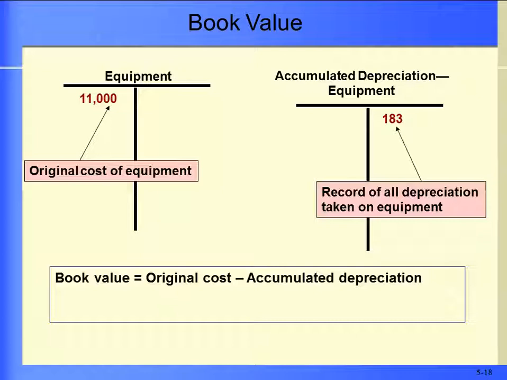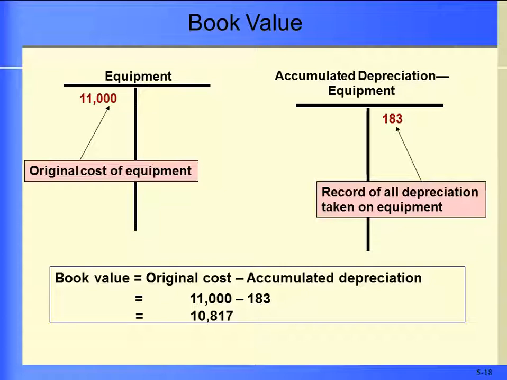In our next period, say the next month, we're going to have another adjusting entry for 183, so it's going to be 183 times 2. We subtract that from the 11,000 to get our book value. But in this example, with just 1 month, it's going to give you 10,817.